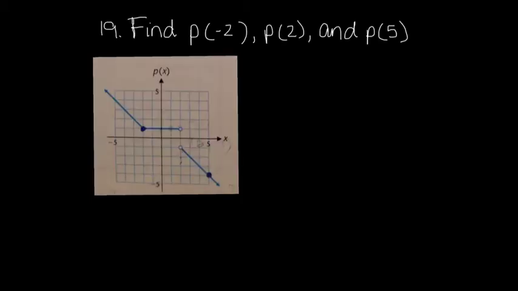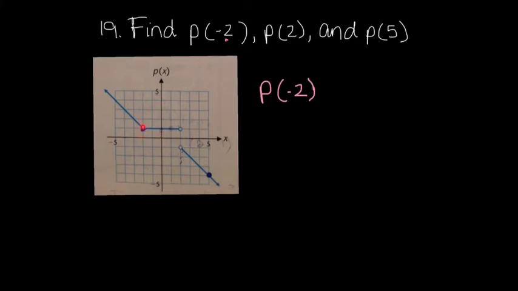Finally, to find p of these particular points, we're interested when x is negative 2, when x is 2, and when x is 5. So to find p of negative 2, I find where x is negative 2 and look for the corresponding point on the graph.